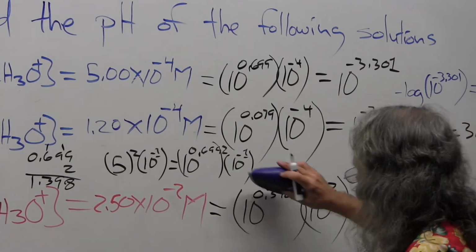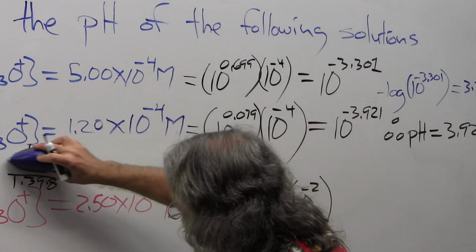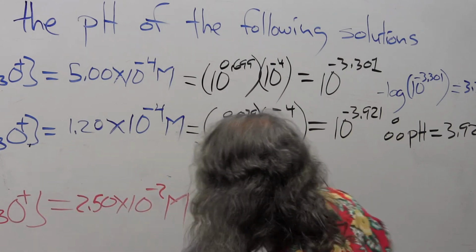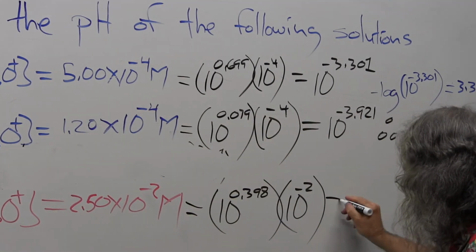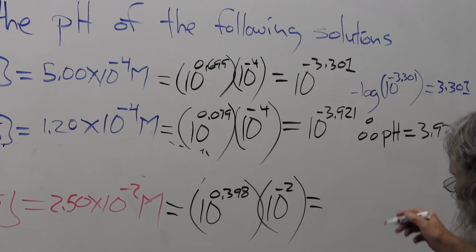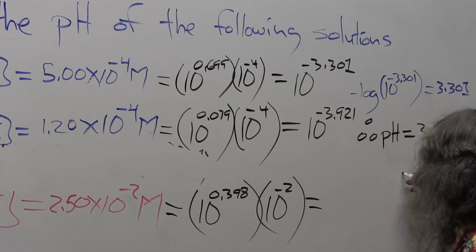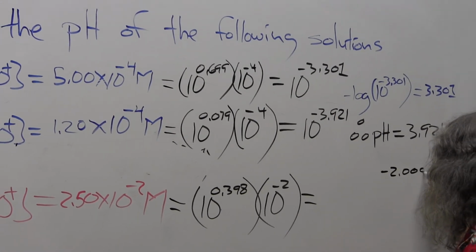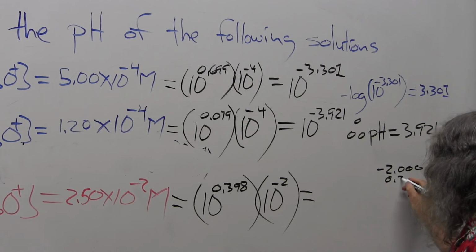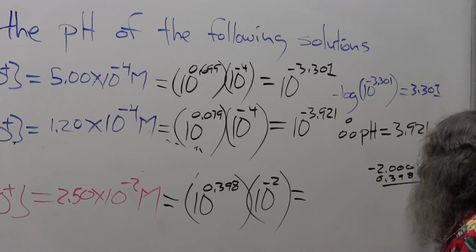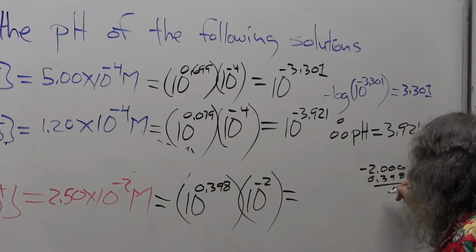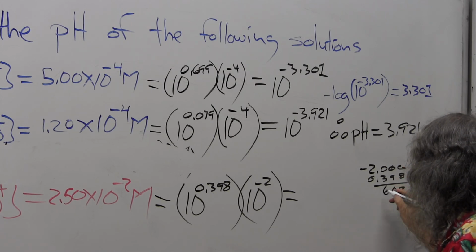And so that is, I'll go on my scratch paper, minus 2.000, plus 0.398. That's a 2, that's a 0. This is a 6.